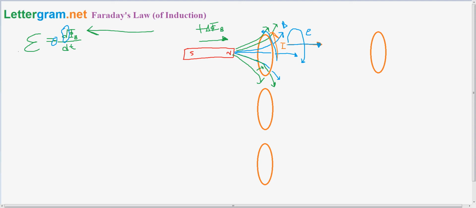Similarly, if we have this north-south magnet and we are pulling out of the loop, we'll be reducing the amount of magnetic flux in the loop.